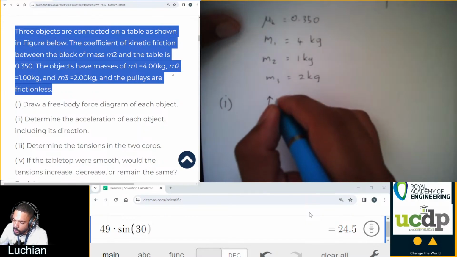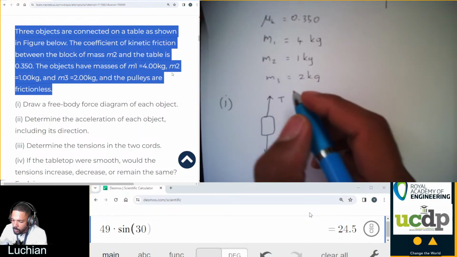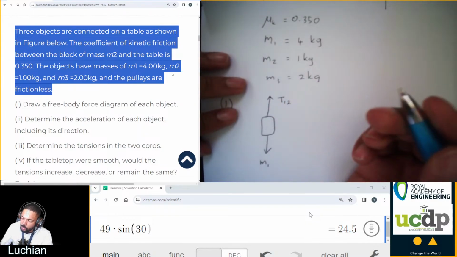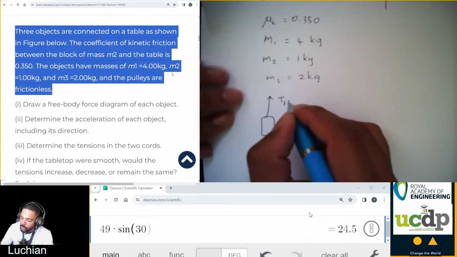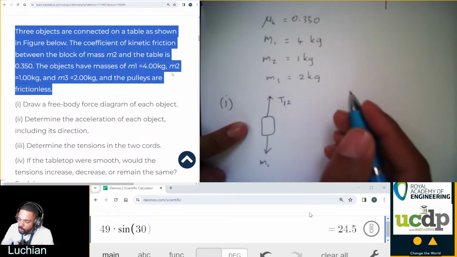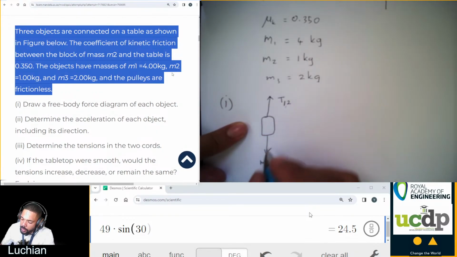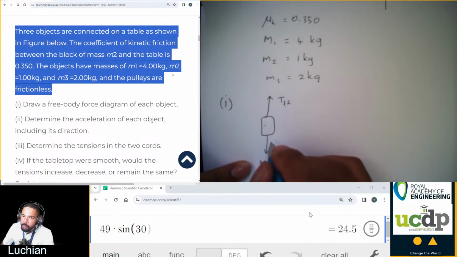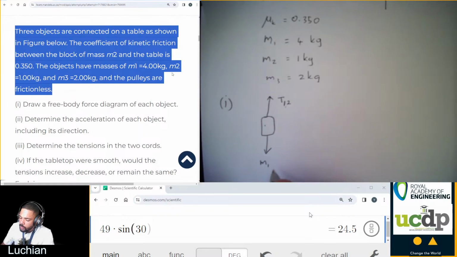We have the tension on 1 due to block number 2. Not the tension of 12, it's the tension on 1 due to block number 2. And then it has a weight. Remember, this is block M1. We're just drawing the free body diagram. It has a weight pulling it down, its mass times gravitational acceleration.